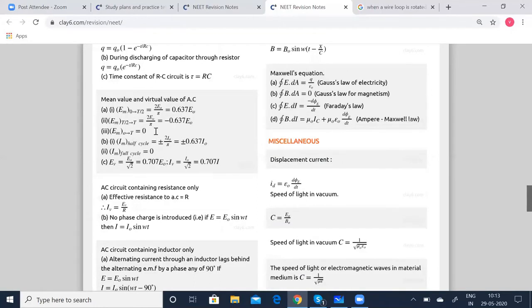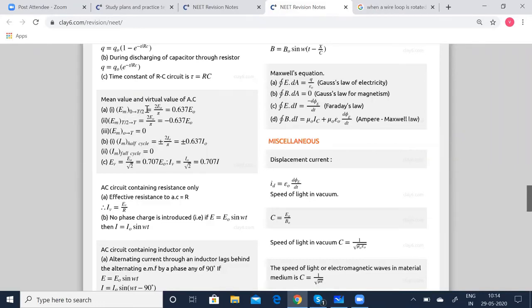Next is mean value and virtual value of AC. EM as t tends to T by 2, that is, the period starts from 0. That is what is meant by 0 to T by 2. So when t is equal to 0, from there it moves to T by 2.